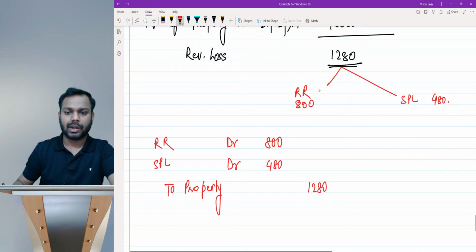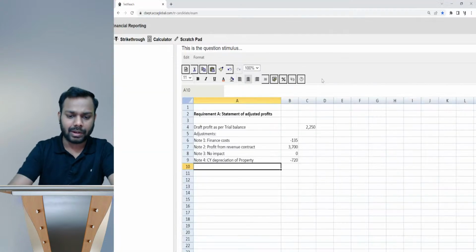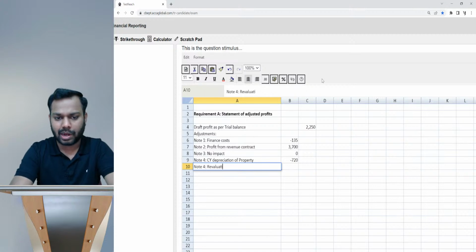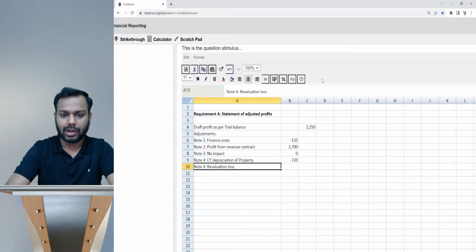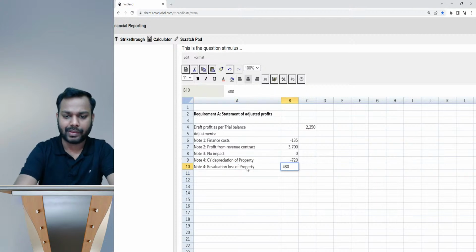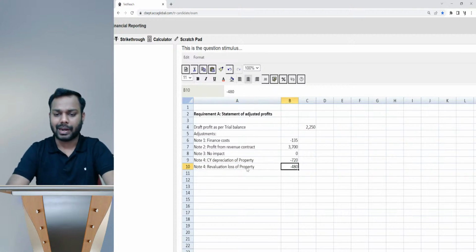This is the general entry. Now what is the impact here in the P&L? Note 4 again, revaluation loss of property, and what is the amount? 480 is the amount which will be transferred to P&L, right?